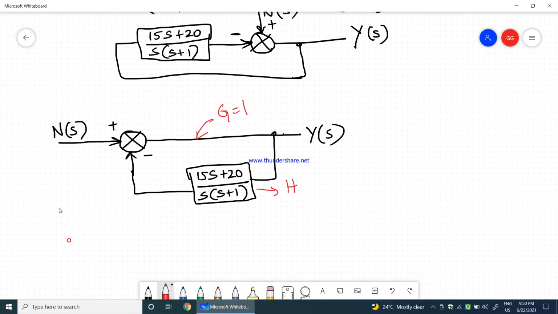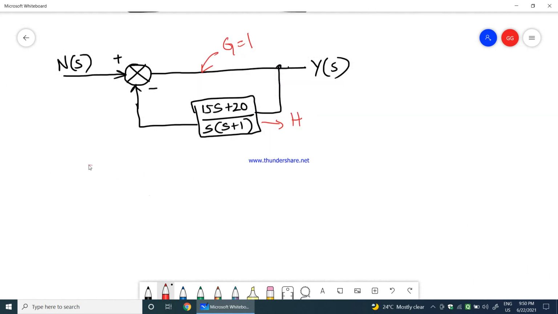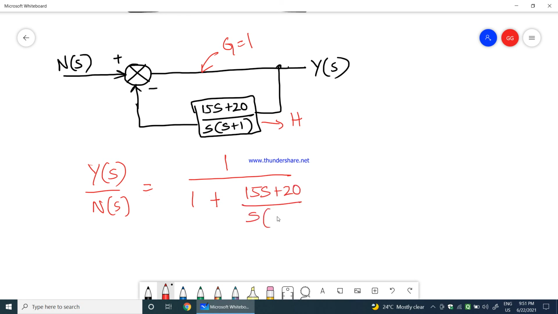Therefore, the final transfer function y of s by n of s is equal to g, which is 1, divided by 1 plus, because negative feedback, 15s plus 20 divided by s into s plus 1, multiplied by 1 into h.